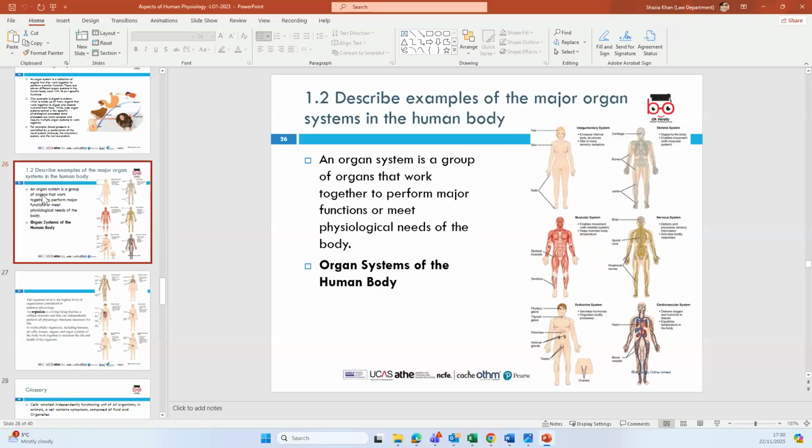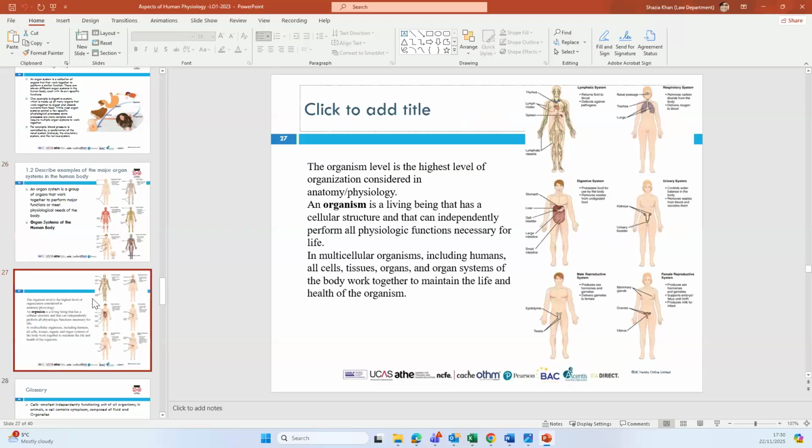Okay, so the major organ systems, like we said, which you mentioned earlier: the circulatory system, which pumps blood; the respiratory system, gas exchange; the digestive system, which breaks down food; the nervous system, which transmits signals; and the skeletal system, which provides structure and protection with the bones. So they're different organs of the human body. Like we said, there are 11 systems of the organism.